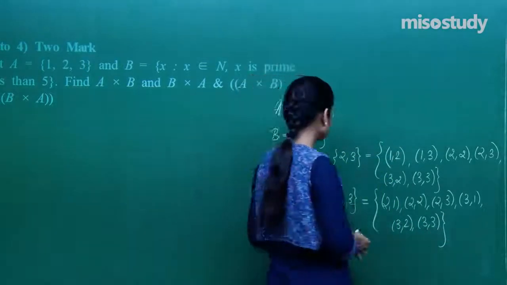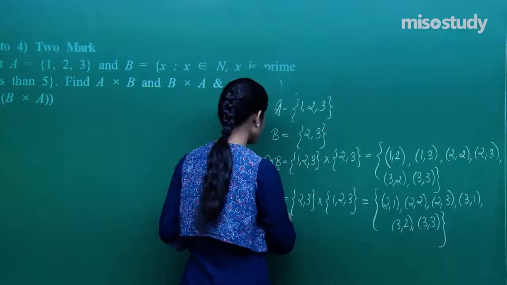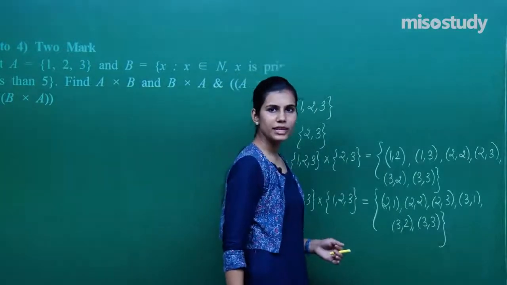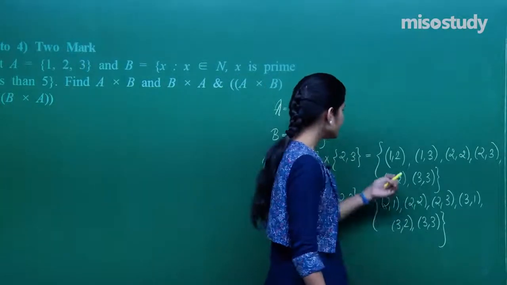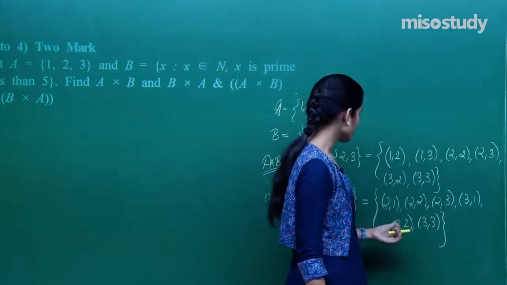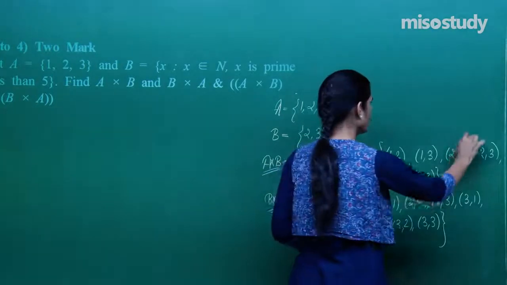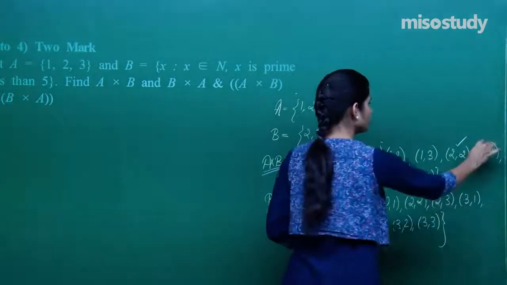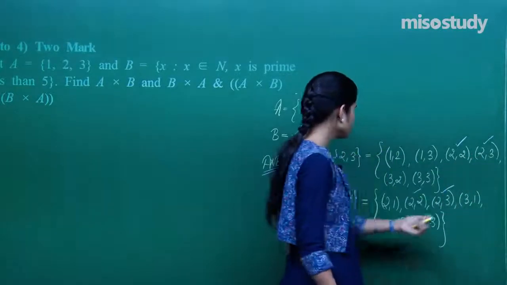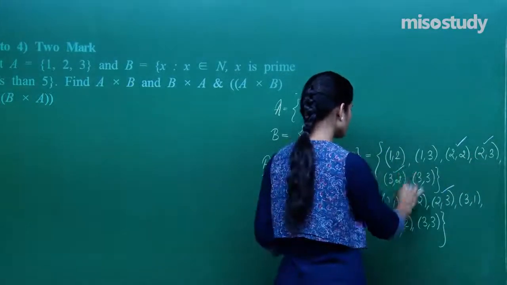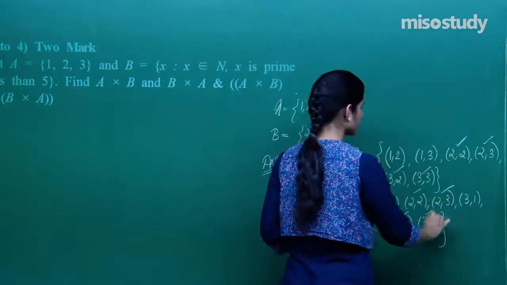And now I need to calculate the intersection of A cross B and B cross A. That means what all ordered pairs are common in A cross B and B cross A. You can clearly see 1, 2 is not common, 1, 3 is not common, 2, 2 is common, 2, 3 is common, 3, 1 is not common, 3, 2 is common, 3, 3 is common.